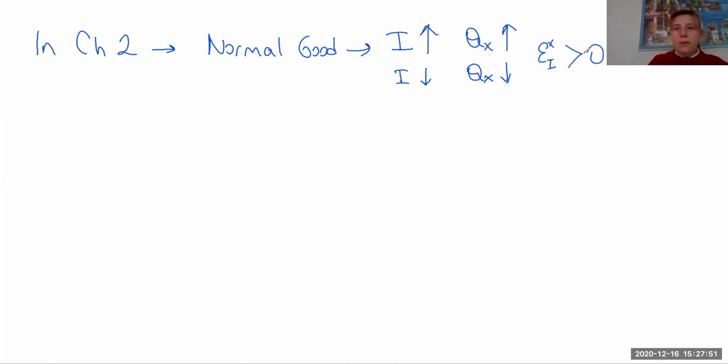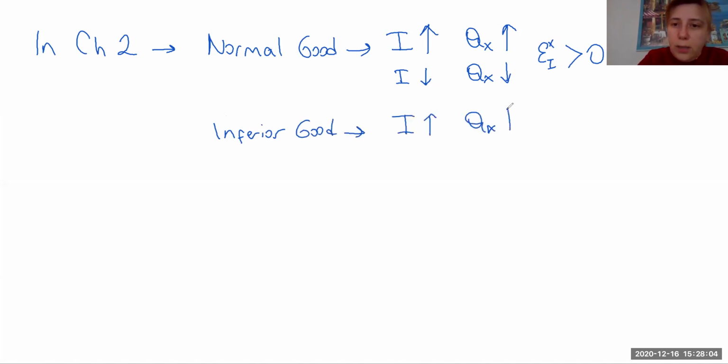This good is defined as normal good, or inferior good is defined as while income increases, quantity demanded decreases, or vice versa. Or simply, income elasticity of demand is negative.